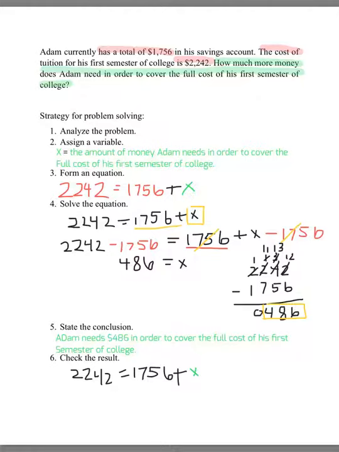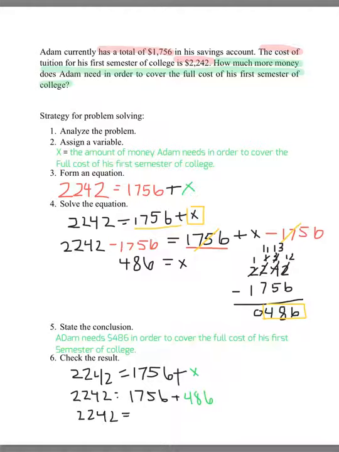We know x is equal to 486. So we're going to go ahead and rewrite the equation with that substitution in place. So 2,242 equals 1,756 plus 486. So now on the left-hand side of the equation, we have 2,242 already simplified out, so we're just going to go ahead and bring that on down.